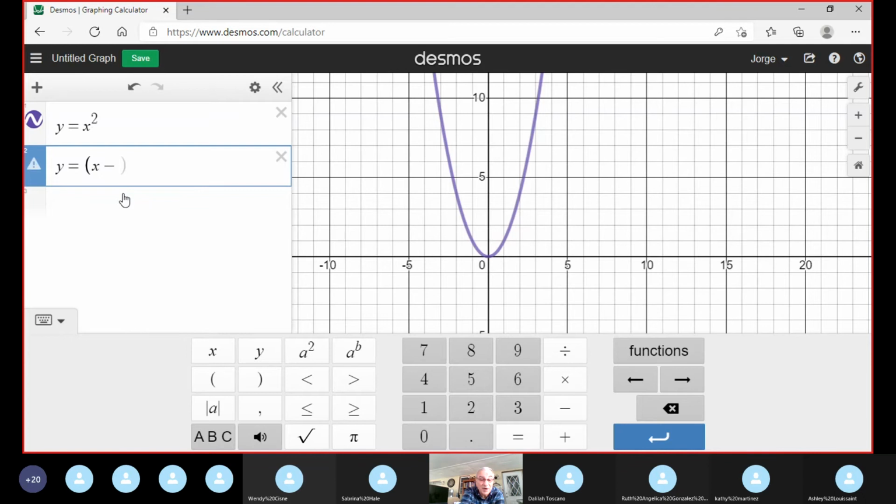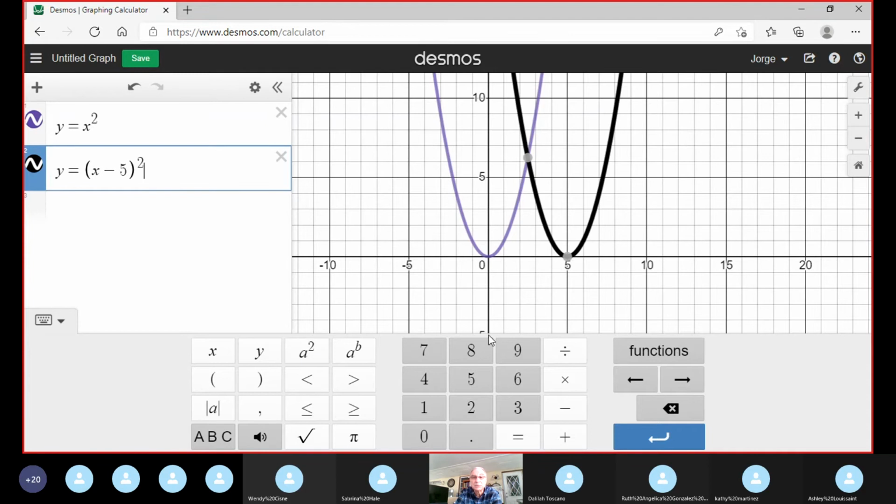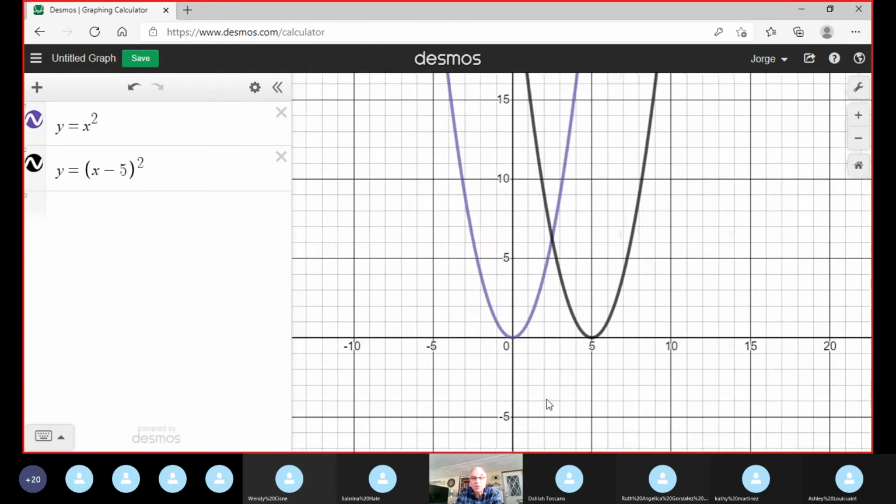Close the parenthesis and raise to the second power. Bang! Look at that. This is the black color. This is my new parabola. Super. The name of this transformation was horizontal shift 5 units to the right because it's minus.